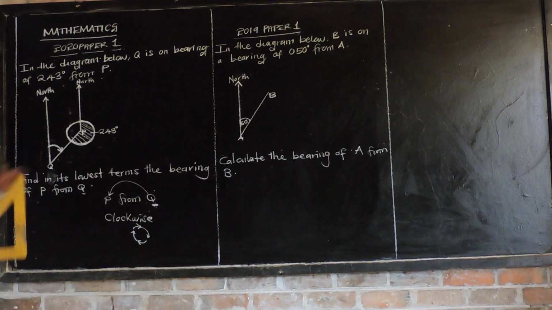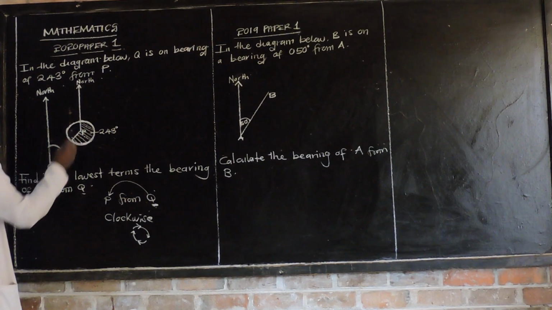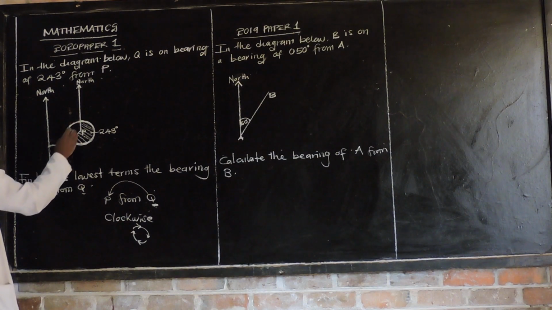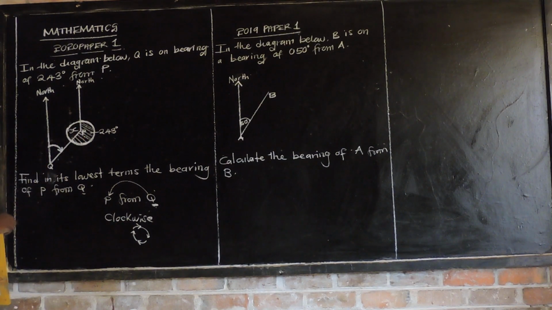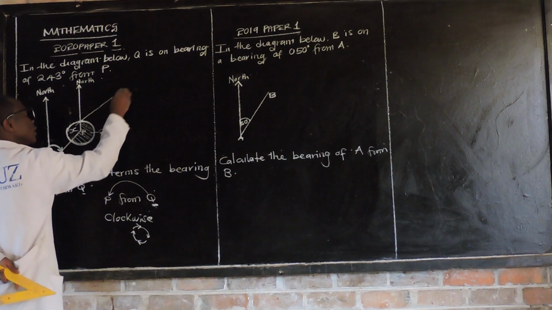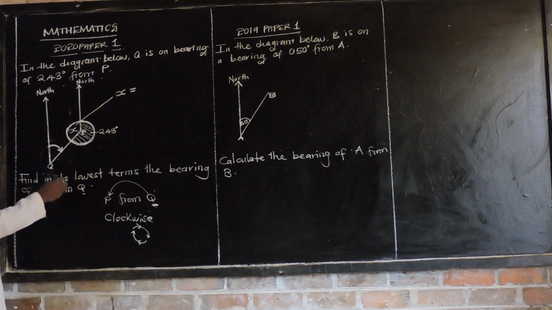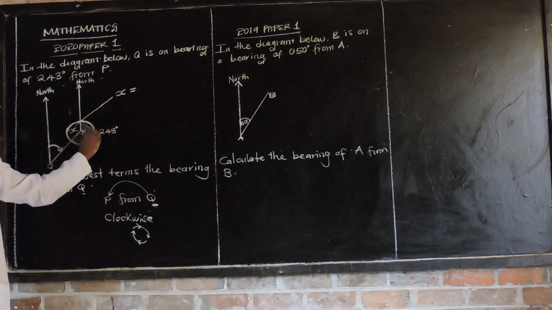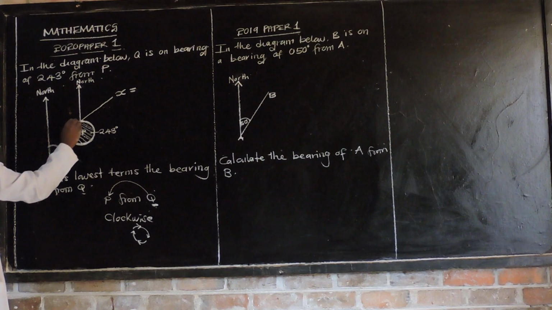Let's say the unshaded part is x. We don't know this angle, so we put x. We know that the angles formed in a complete revolution add up to 360.